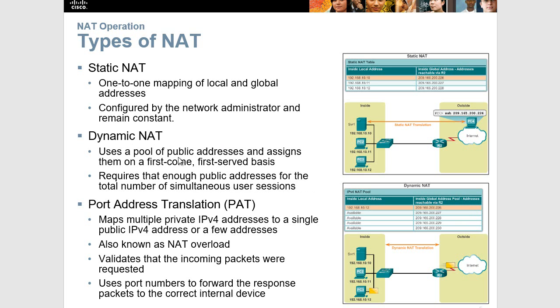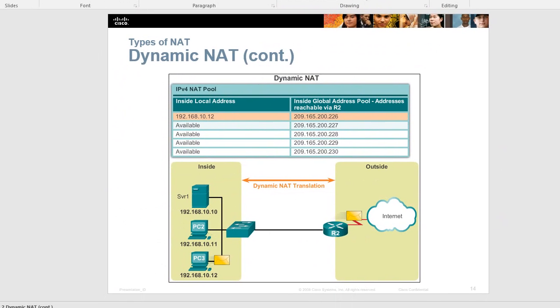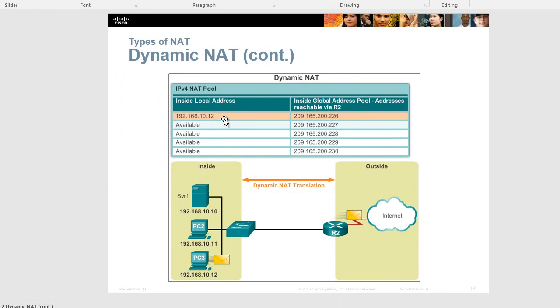Okay, so you do set up a pool. You set up a pool in dynamic NAT, and as devices come online, they are going to take up a public IP address in that pool. So let me see, I'm pretty sure I have a graphic of that as well. Here we are. So you've got a pool of public IP addresses that you set up as available, and as devices come online, they'll end up being tied to one of these public IP addresses.